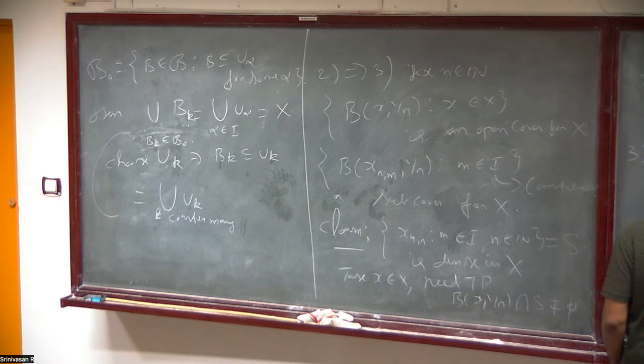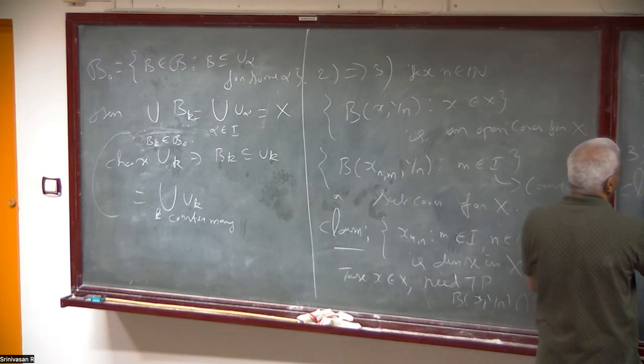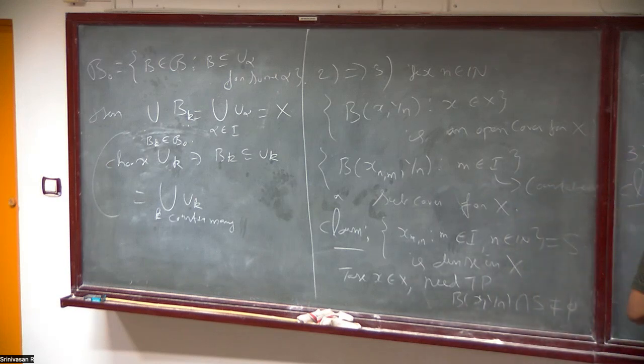Then B(x, 1/n), you can take rational numbers if you want, with x in S and r in Q, is dense. No, this is the claim. Sorry, the claim is that this is a countable base.